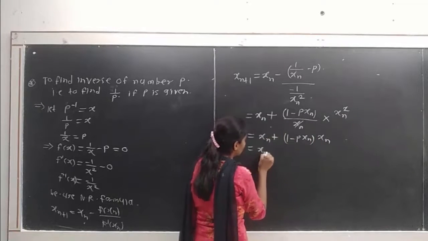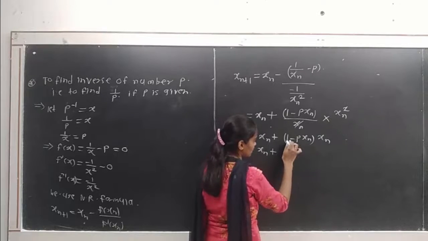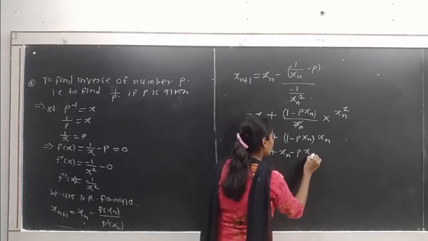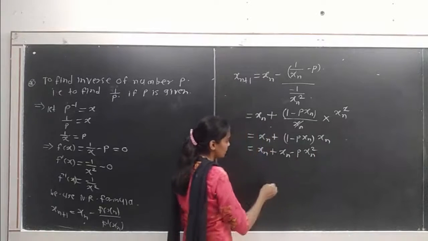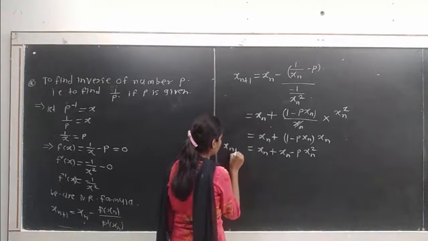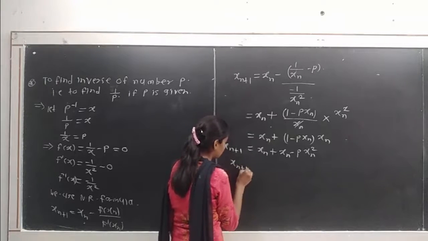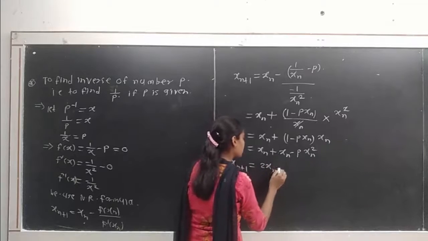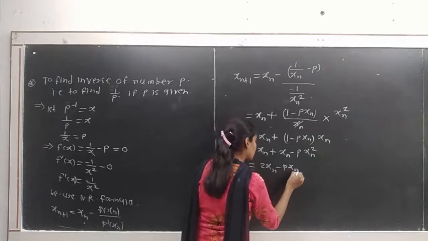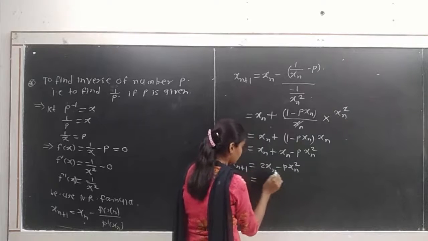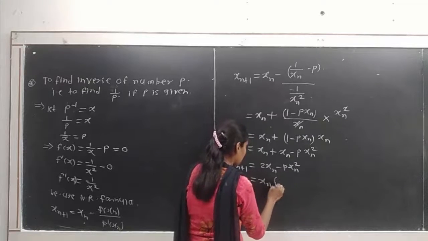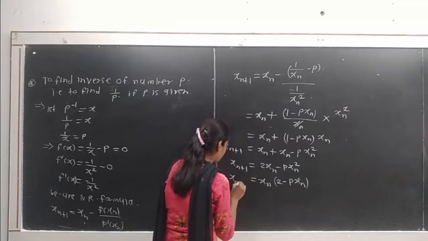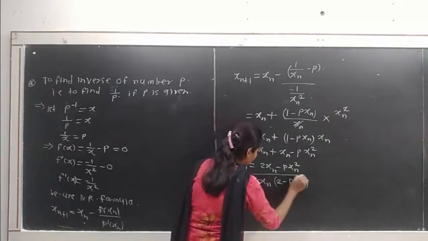Equal to xn plus, we multiply this xn inside the bracket, we get xn minus p xn into xn, which will be into xn square. Then we get xn plus 1 is equal to xn plus xn to xn minus p xn square. Again we take xn outside, we get xn in bracket 2 minus p xn for xn plus 1.